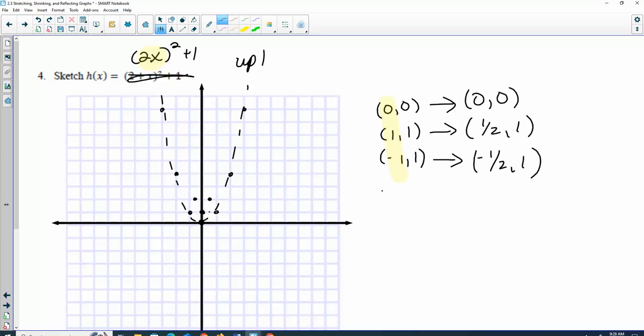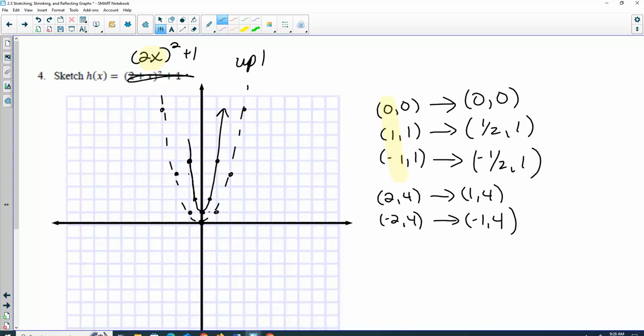If you needed, you could do more points. So if we're dividing our x by 2, we would have 1, 4, negative 1, 4. So you could take 1, 4, up 1, negative 1, 4, up 1.